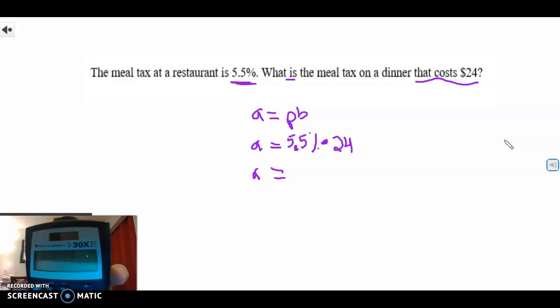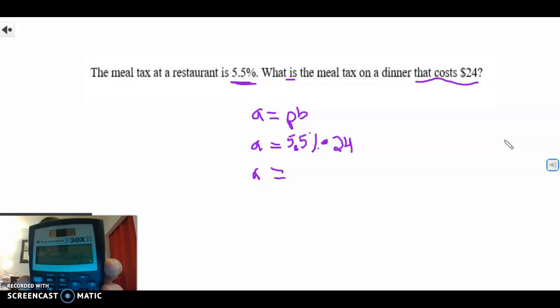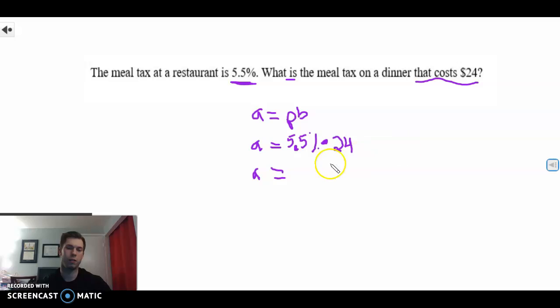Your calculator should look like this, and then you can hit enter, and that would give you 1 32/100. So how much was your meal tax? Your meal tax would be reported as $1.32. So that's how much you were taxed on a dinner that cost $24.